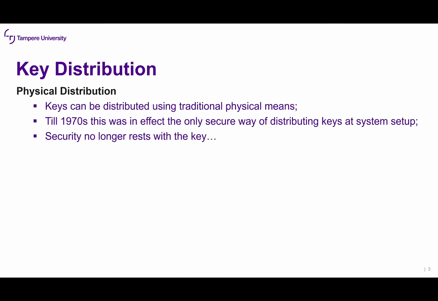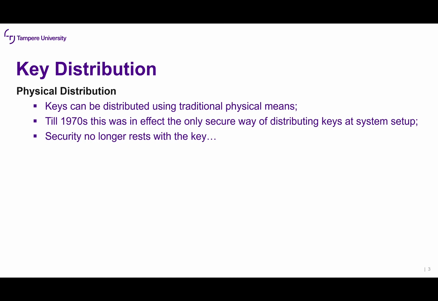Now, the first one is the physical distribution, where basically we use trusted couriers, or in some other cases, let's say even armed guards, where keys can be distributed using the traditional physical means. Until the 70s, this was in effect the only secure way of distributing keys at system setup.